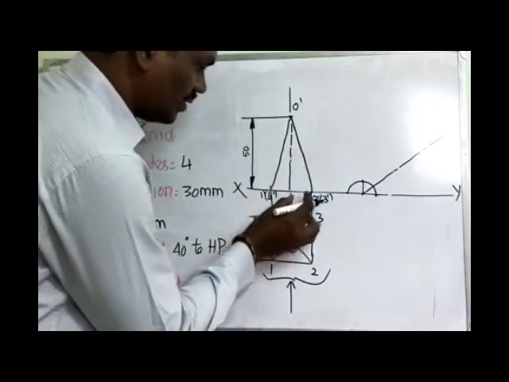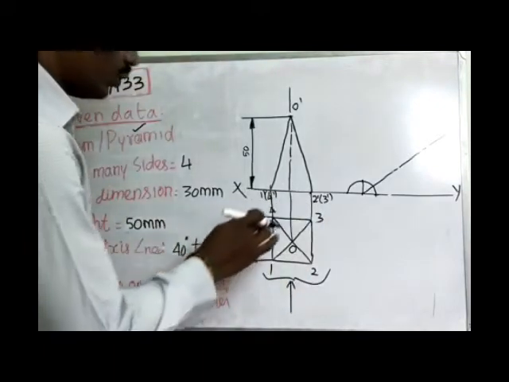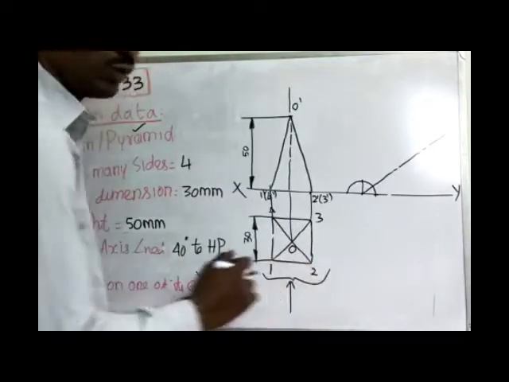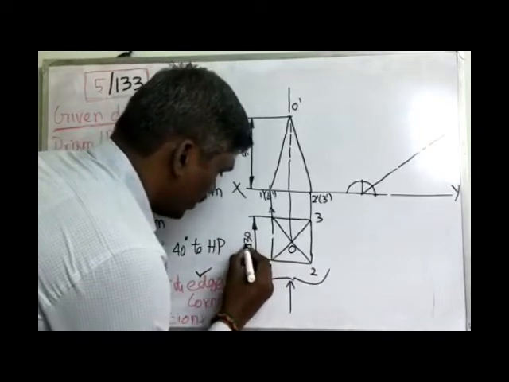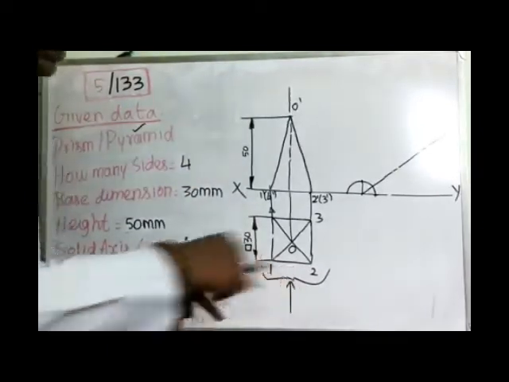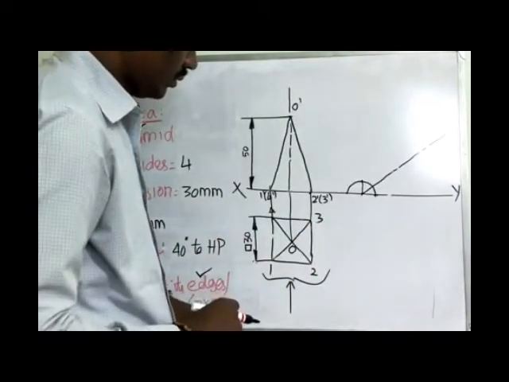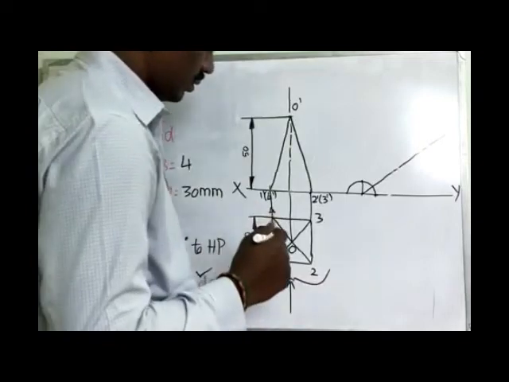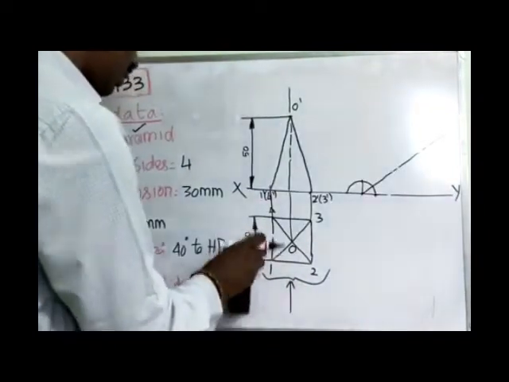Now you measure the dimension. This is 30. It is a square pyramid, so this is 30, this one also 30. Square means you represent the square symbol, so that the x and y dimensions are the same in the base.